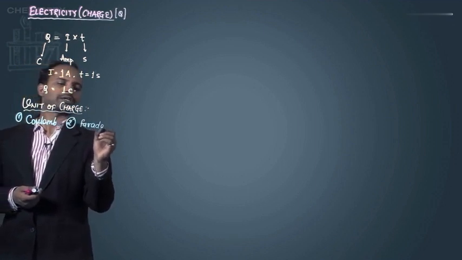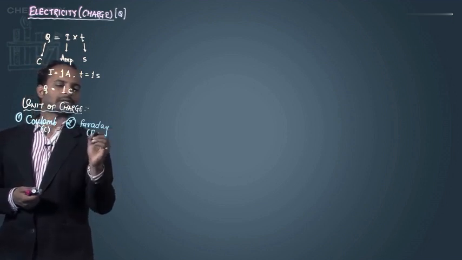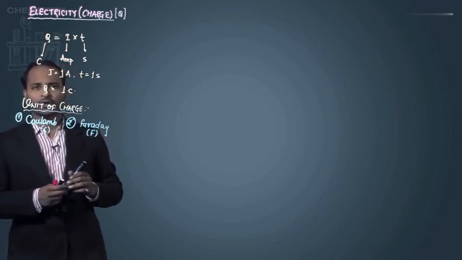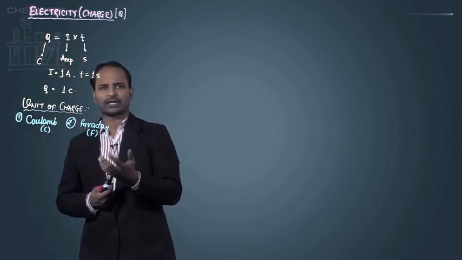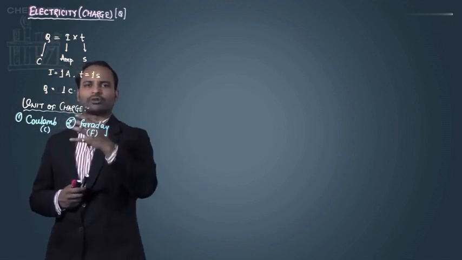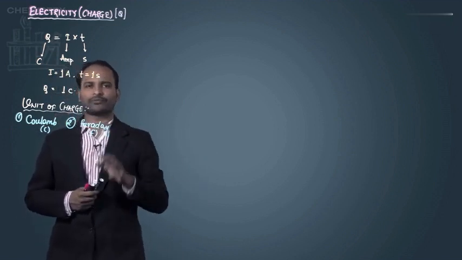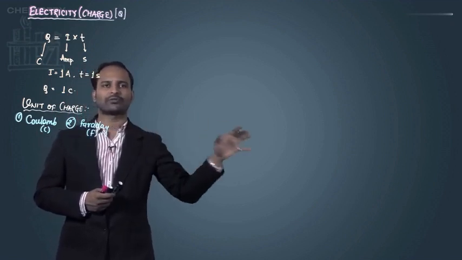Coulomb is represented by capital letter C, and Faraday is represented by capital letter F. Coulomb is a smaller unit compared to the Faraday, or Faraday is a bigger unit. As I said, 1 coulomb is the amount of electricity passed through the circuit when a current of 1 ampere is passed for 1 second.